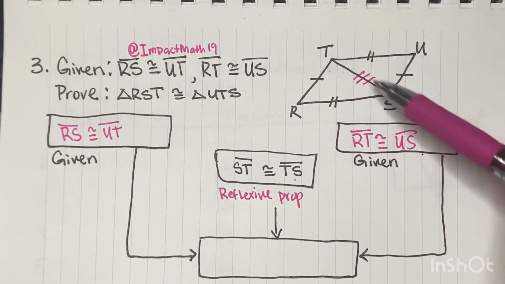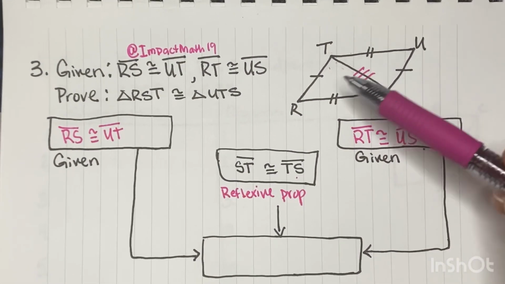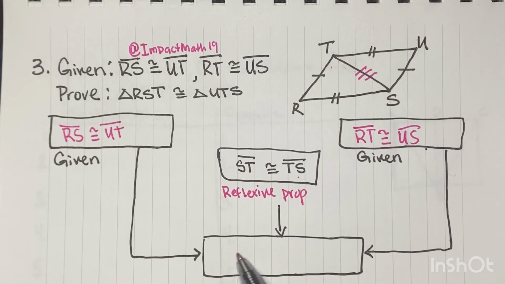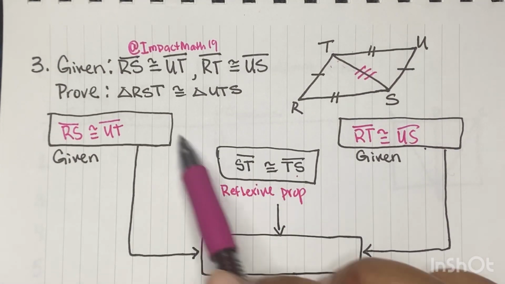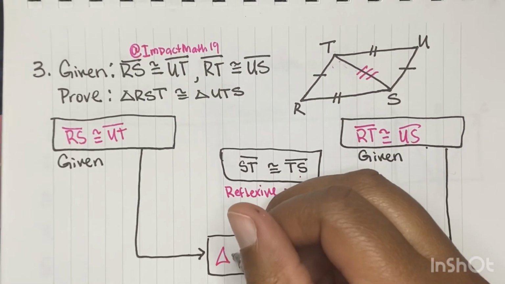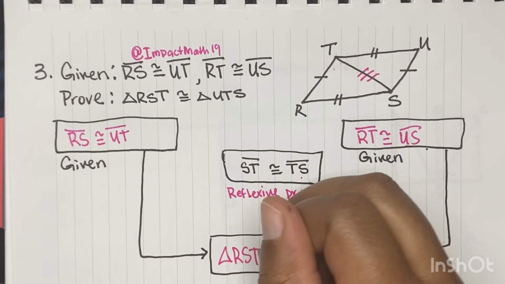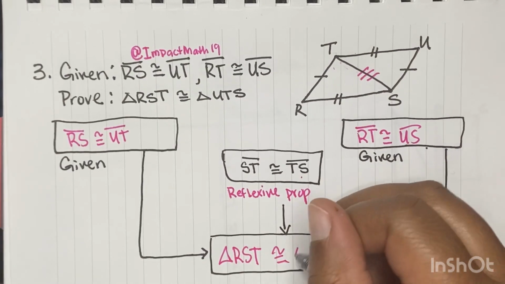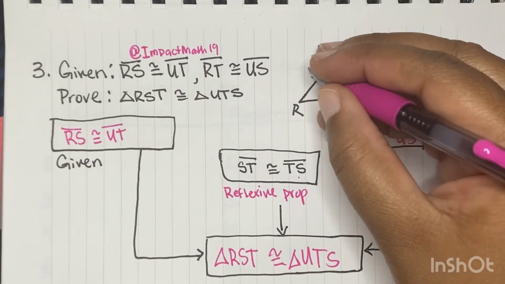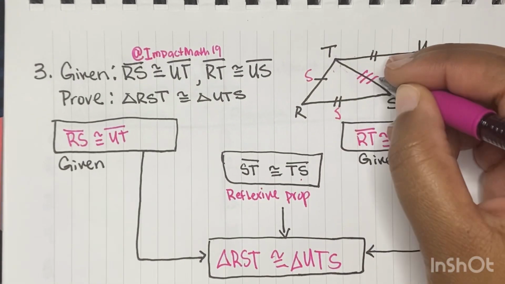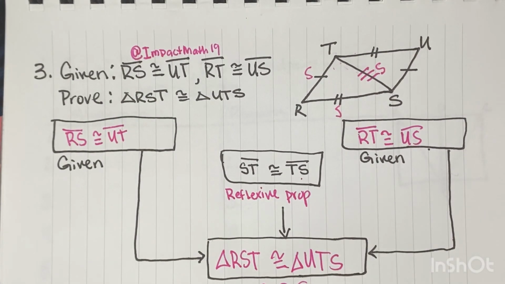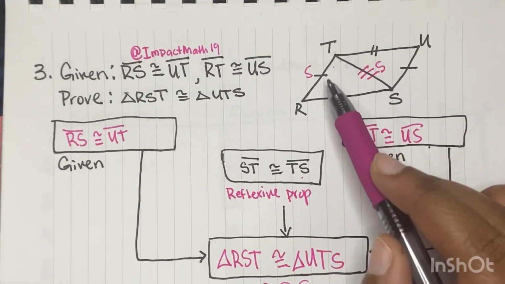So whenever they share a side, always mark that middle. It's a reflexive property. And then this is our last statement. Our last statement is always the proof statement. So we're going to say triangle RST is congruent to triangle UTS. And why? Because this is side, side, side. That's our reasoning because we have 3 sides marked.